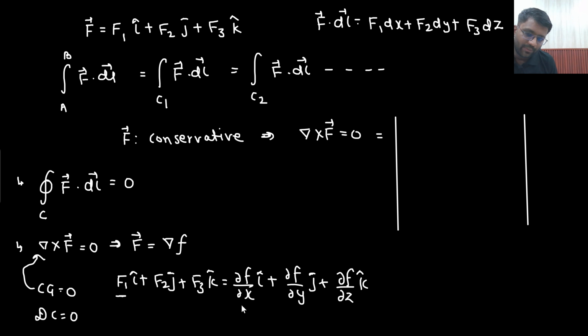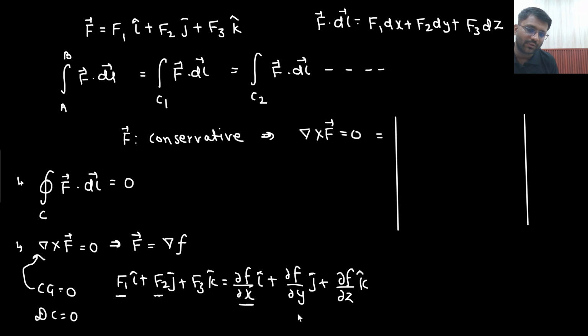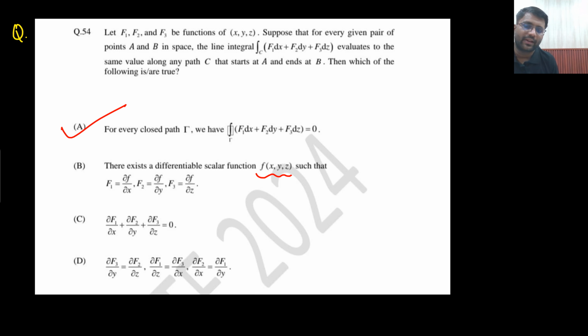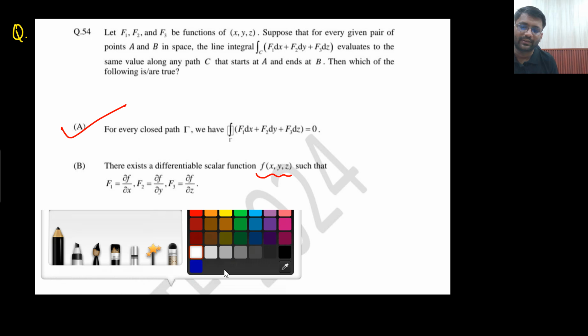This is the gradient of f. So F1 will be equal to del f by del x, F2 will be equal to del f by del y, and F3 will be equal to del f by del z.